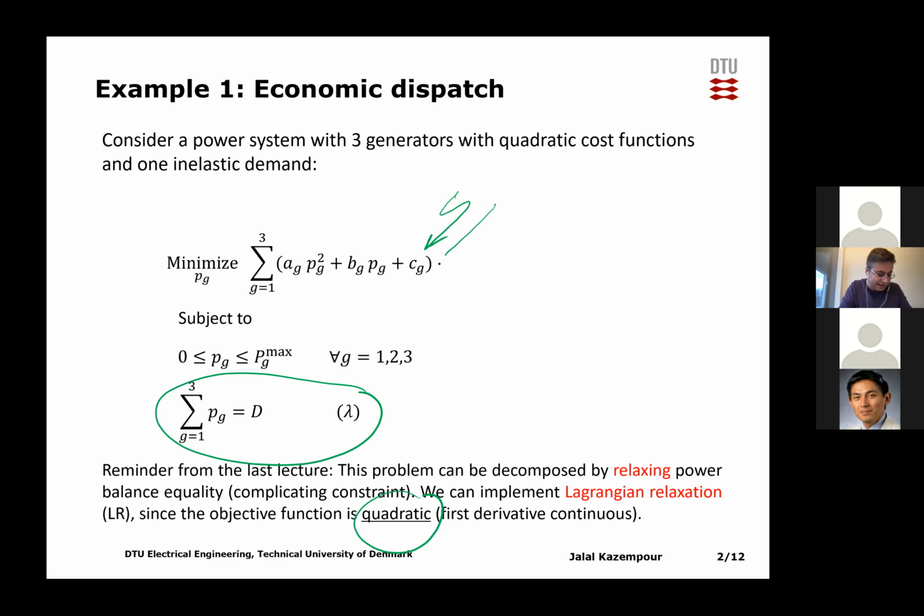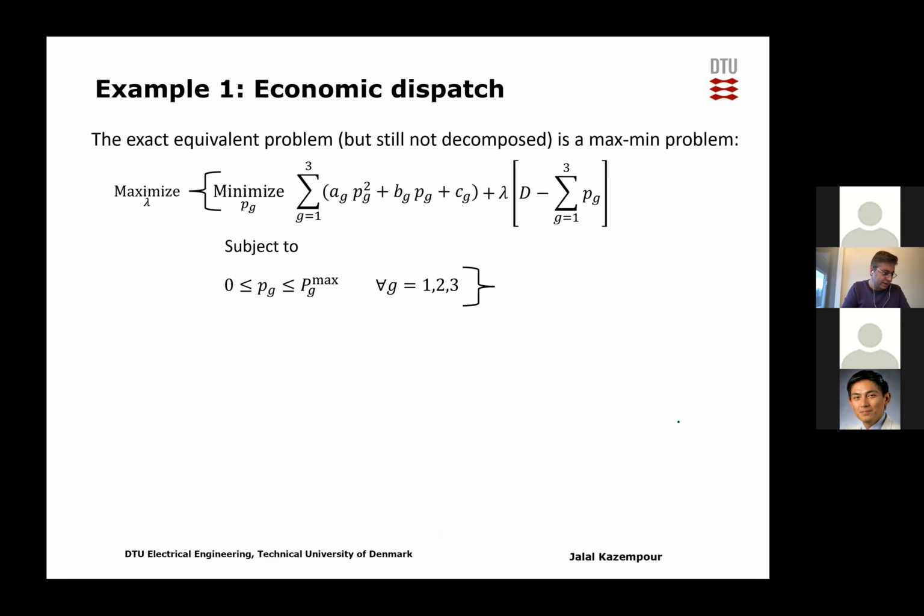So we can directly use the Lagrangian relaxation technique, also called dual decomposition. Equivalently, we can bring the complicating constraint to the objective function. Lambda is still a variable, but it's a variable of the outer maximization problem, not a variable in the inner problem. So this is an exactly equivalent problem.